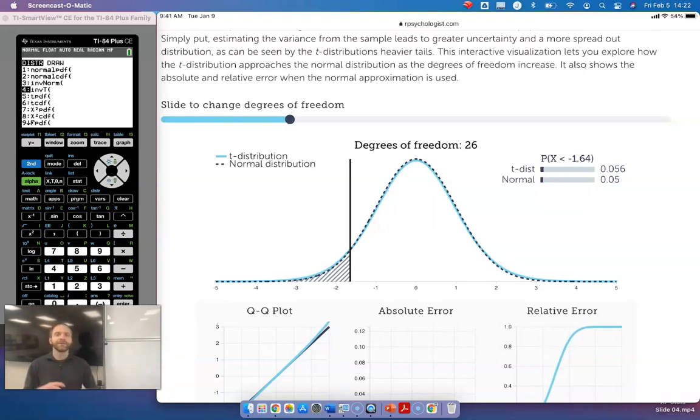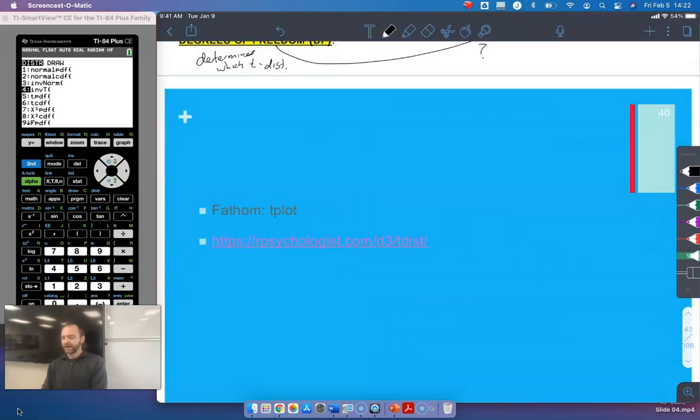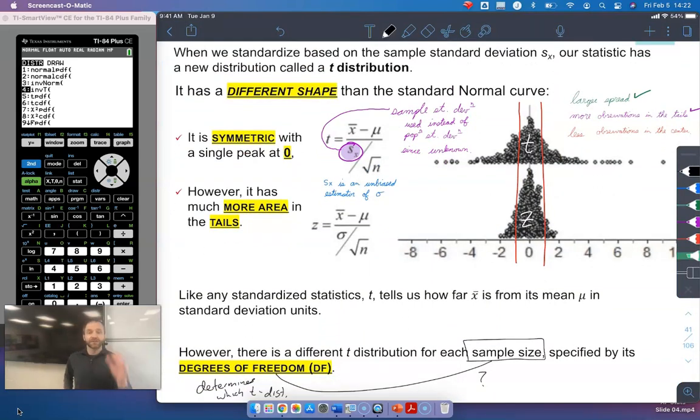So there is not one t distribution. There are many, many t distributions. So keep that in mind. That was the idea behind what we looked at in our notes, that we have not just one. The t distribution is determined from your degrees of freedom.